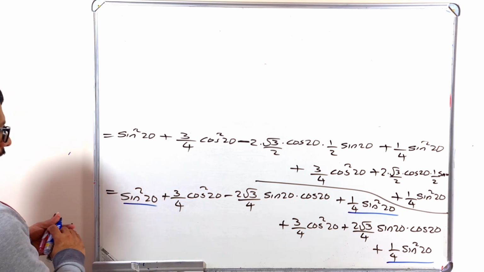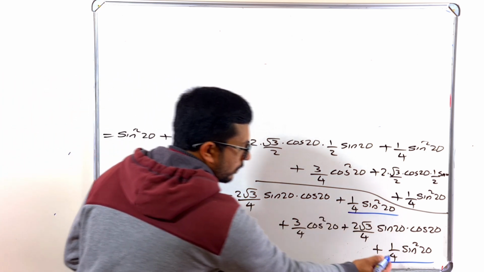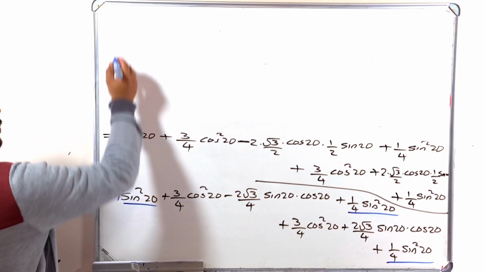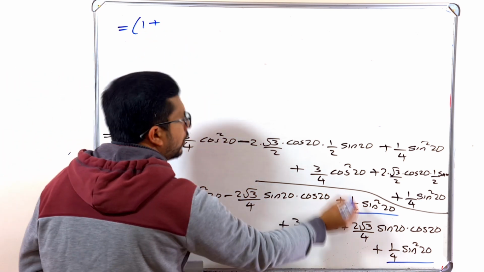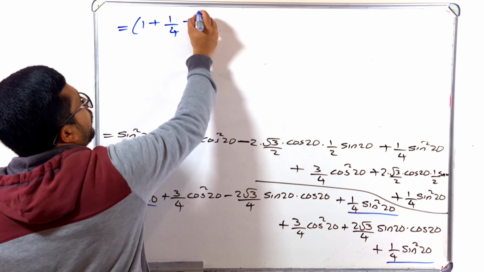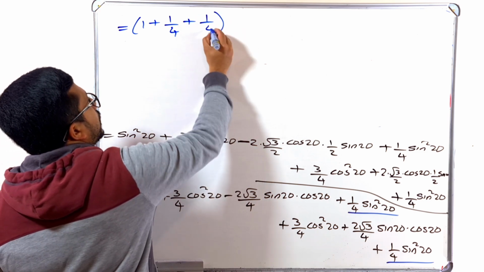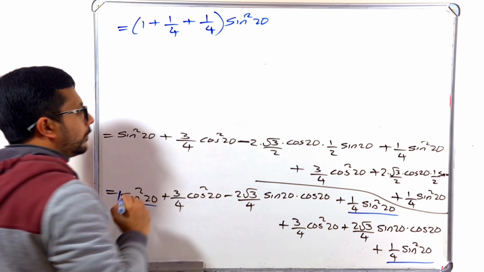So here for sine square 20, one term has coefficient 1, another 1 over 4, and another 1 over 4. So I'm going to write it like this: 1 plus 1 over 4 plus 1 over 4, sine square 20.